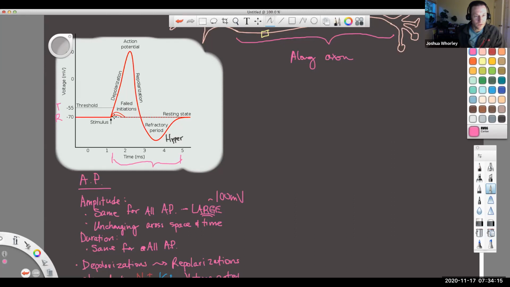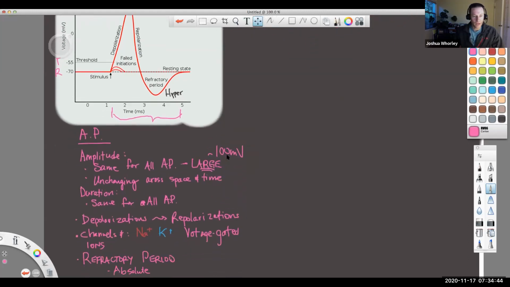So not just this 15 millivolts that it took to get from -70 to -55, but perhaps 20 or 25 to get from whatever this is, -75, -80, -85, all the way up to threshold. So there's a refractory period here where channels are closed and inactive and a supernormal stimulus is required to get an action potential to fire again.